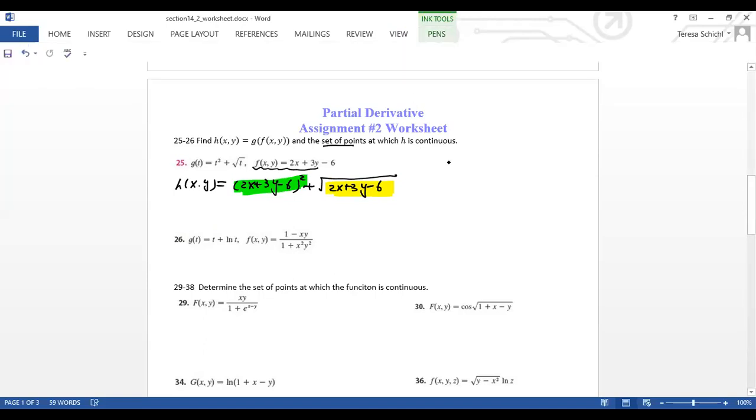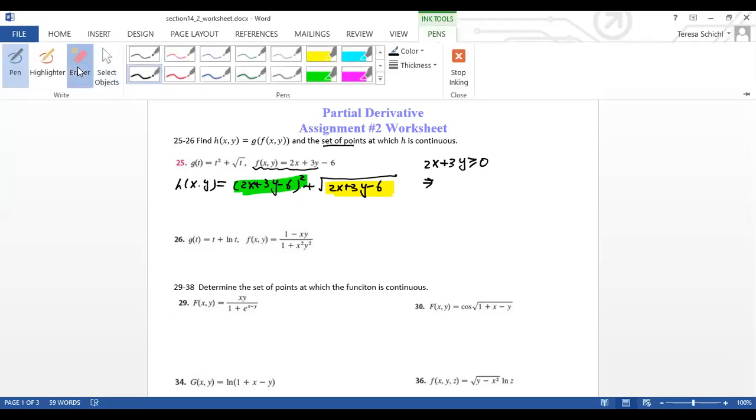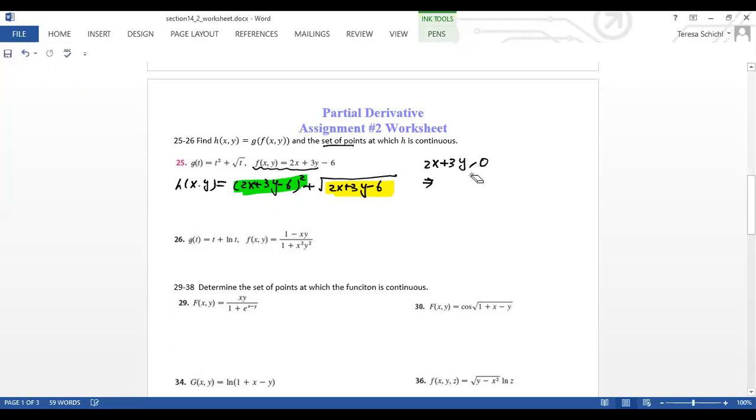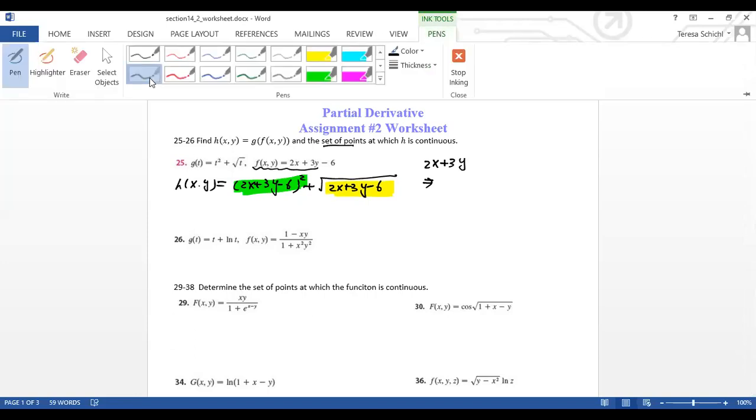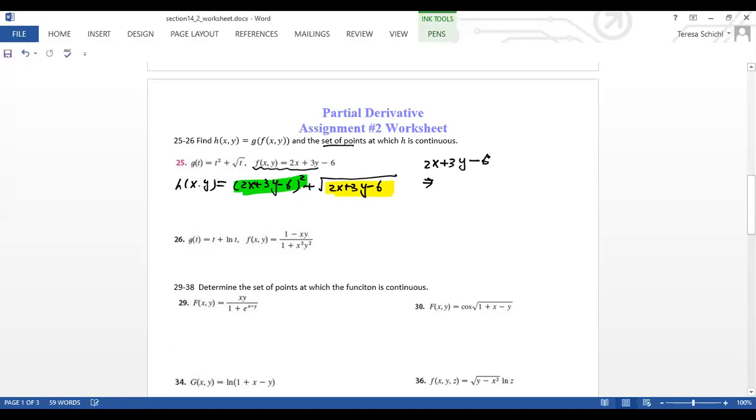We need to make sure it's non-negative, right? So 2x plus 3y minus 6 is greater than or equal to 0. That means 2x plus 3y is greater than or equal to 6.